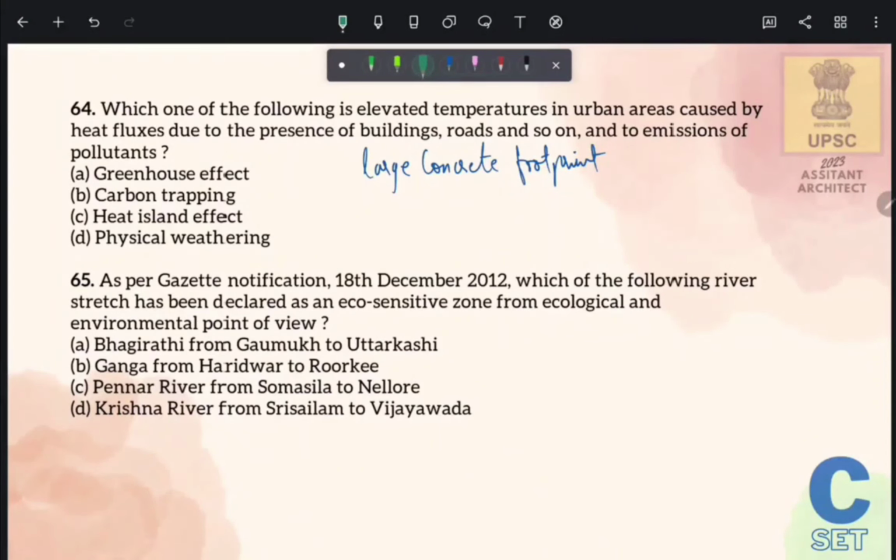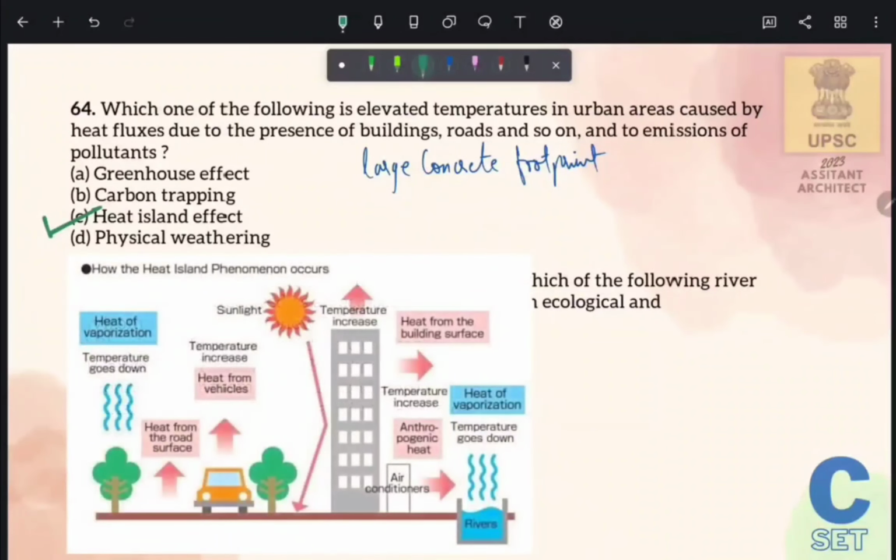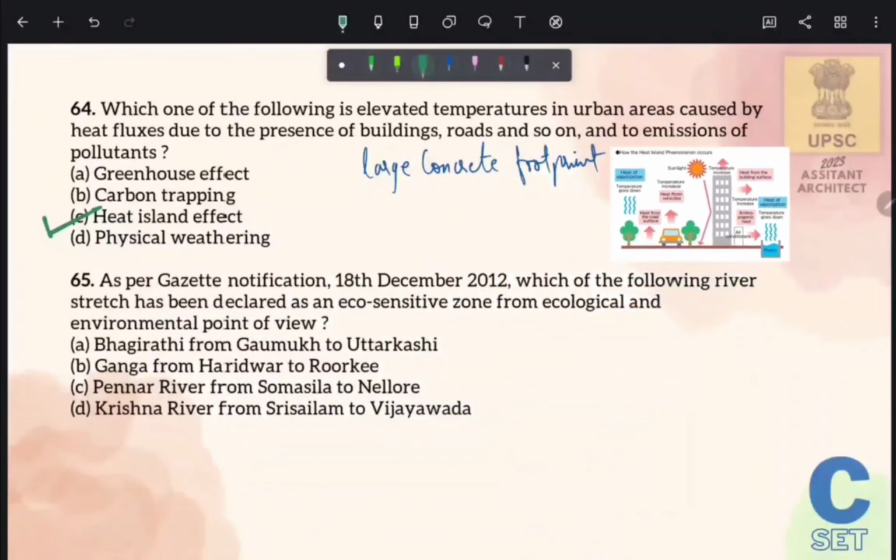So the correct answer of this question is option number C, heat island effect. So this is the image showing the phenomenon of the heat island effect, and this generally happens because in urban areas the buildings are closely packed, due to which heat gets trapped between the buildings, and therefore it increases the temperature and makes the city much hotter.